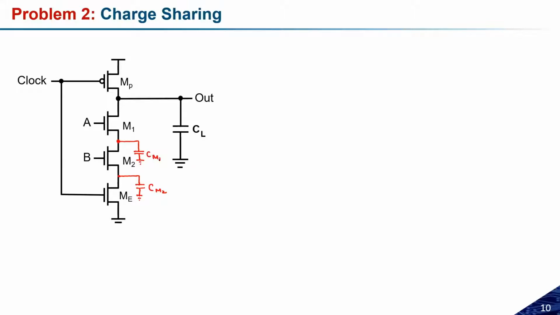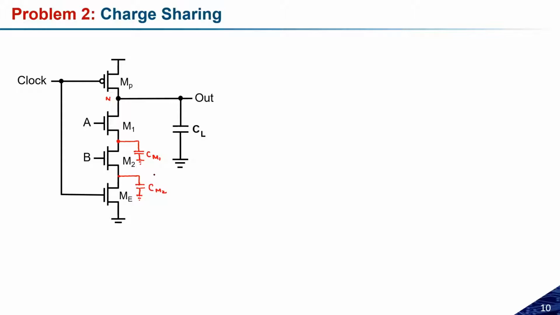Now, what I'm assuming is that while pre-charging the dynamic node N, all the internal capacitances like CM1 and CM2 are discharged, and both the inputs are connected at logic low. So A and B are at logic low, and all the internal capacitances are in the discharged condition.